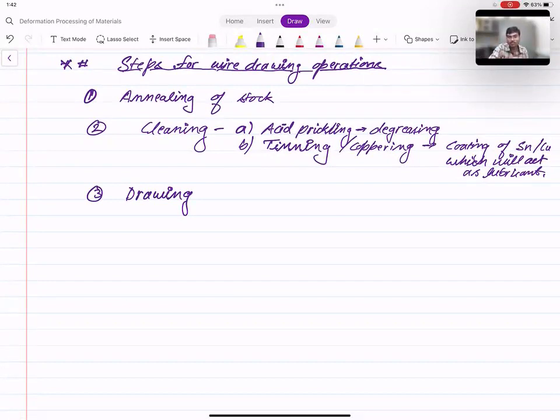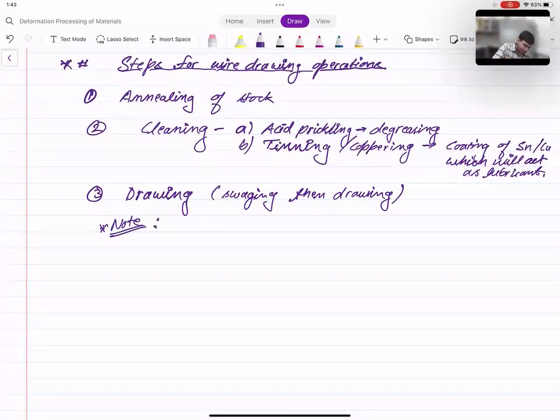Let us see what swaging is. Swaging can be done, then drawing. So what is swaging?